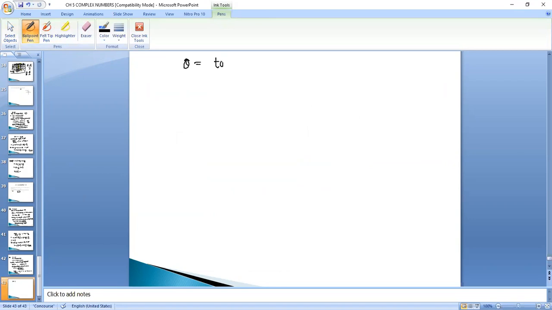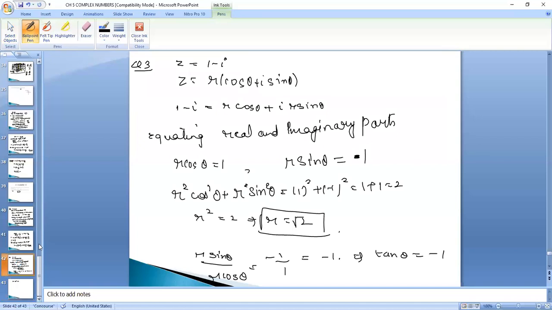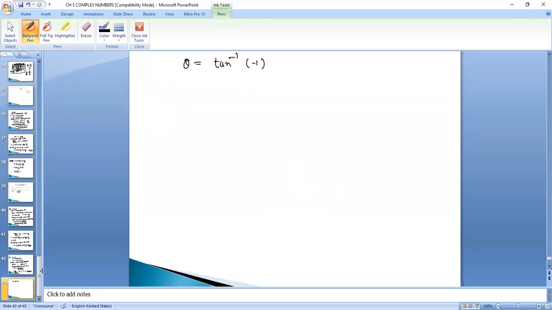Theta is equal to tangent inverse of minus 1. Now, what will be the value of theta? Base will be pi by 4, right? But we have to change the quadrant. What are quadrants?